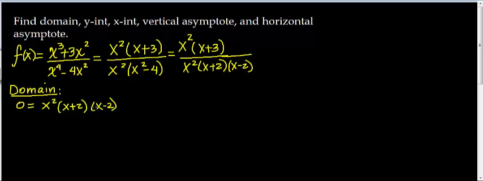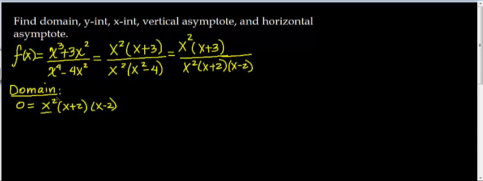Now I use the zero product property that says if this product is 0, then one of these factors has to be 0, or both, or all three of them are 0. So I take each one and I equal it to 0.